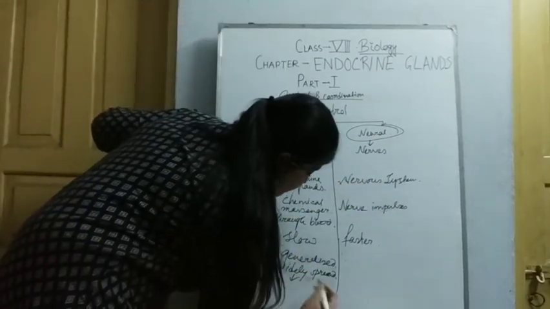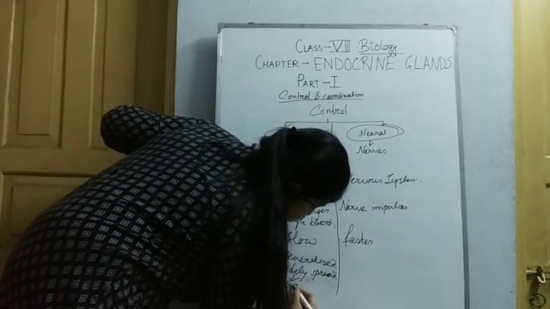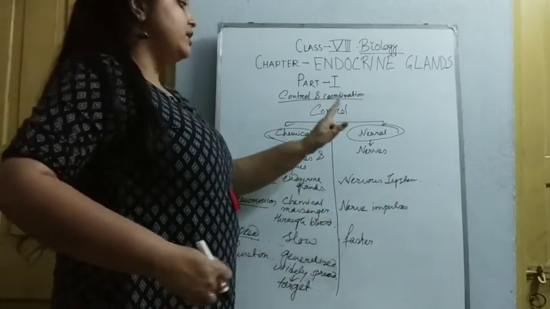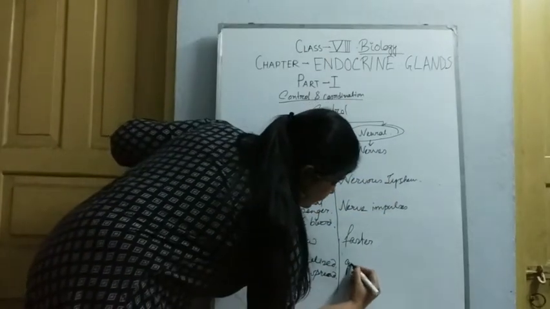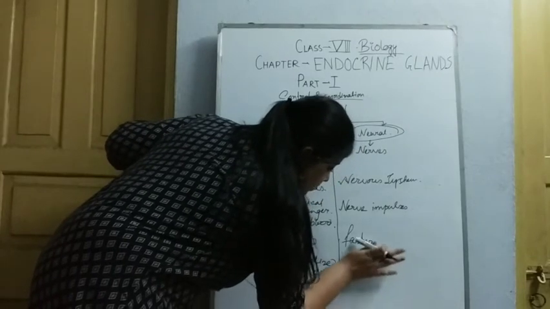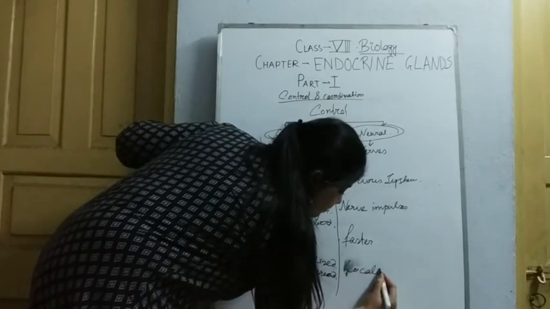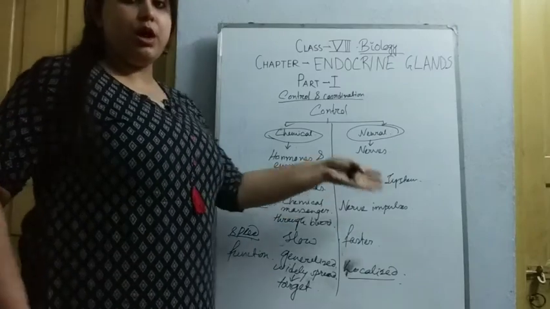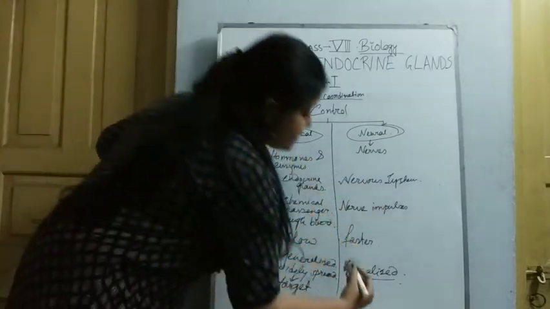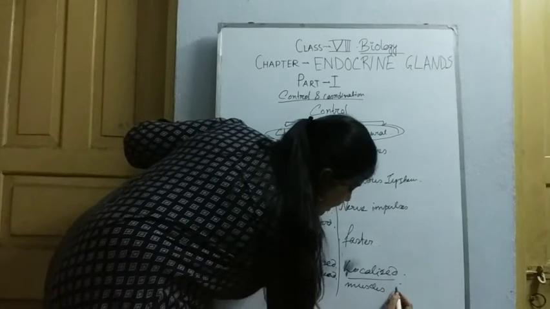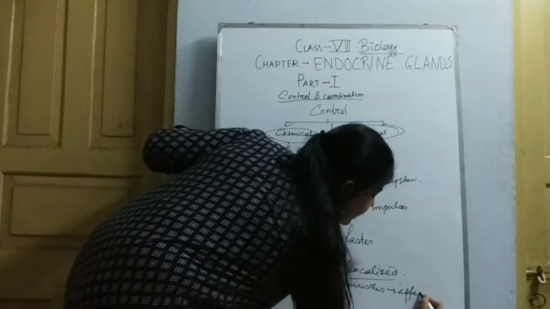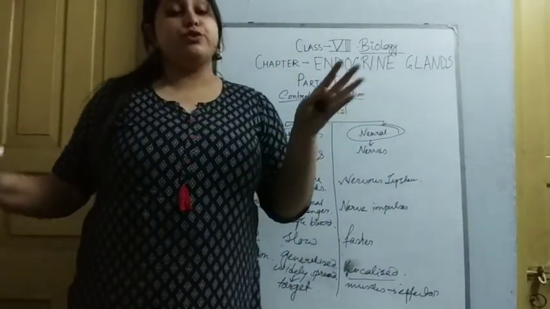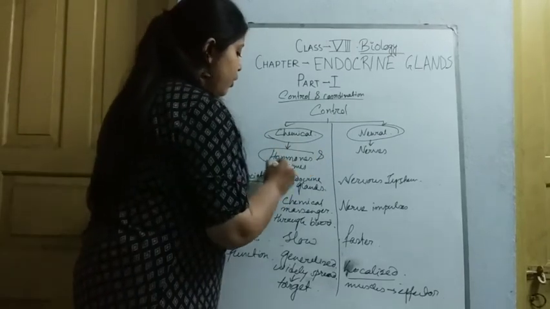But the function of the neural control is localized. It mainly works on the muscles, mainly on the effector.